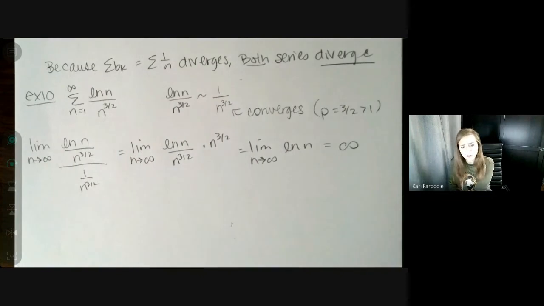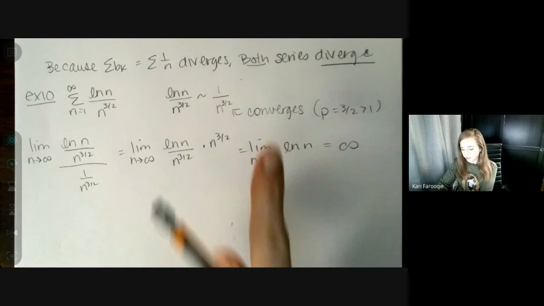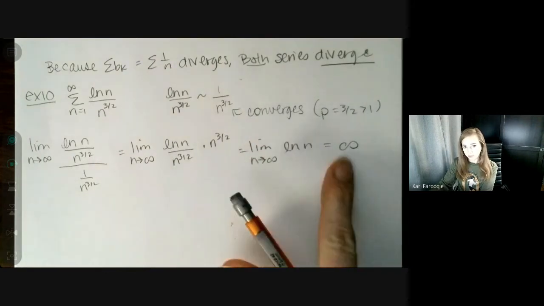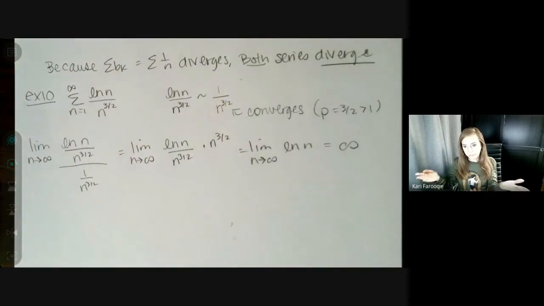Now, we got this result in the last example. However, in the last example, our comparison series diverged. In this example, our comparison series converges. So the fact that you got infinity, what does that mean? It does not mean that your series therefore must diverge, because it's the anti-converge. That's not what it means at all. It just means you can't make a conclusion with this particular comparison series.